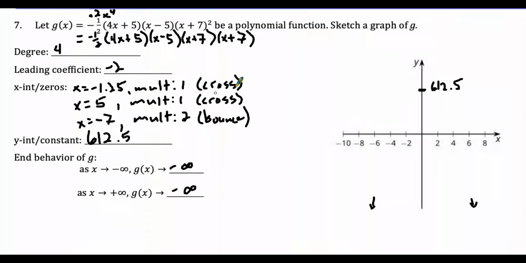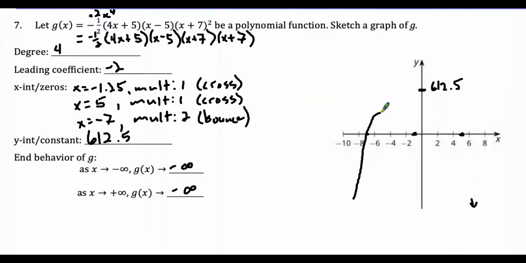And then let's put our x-intercepts on the graph. So negative 1.25 would be right about there, negative 7, and positive 5. So if I now connect all of this information, let me scoot that over a little bit. We said we're going to be starting down. I will come up and go through negative 7.